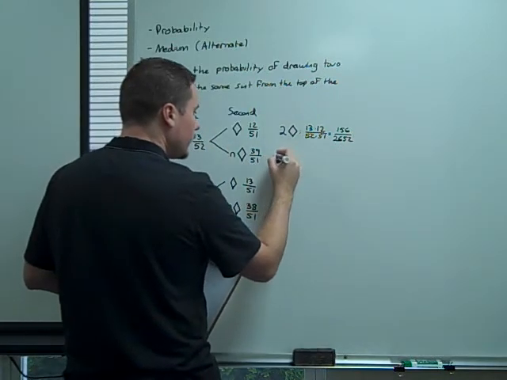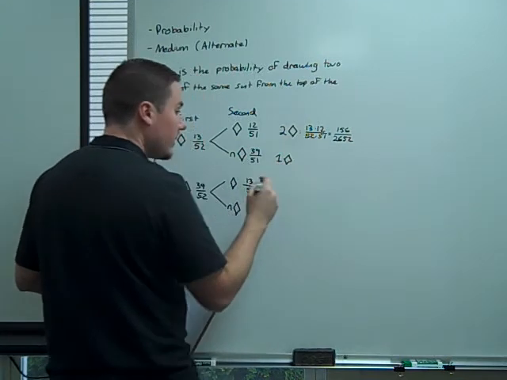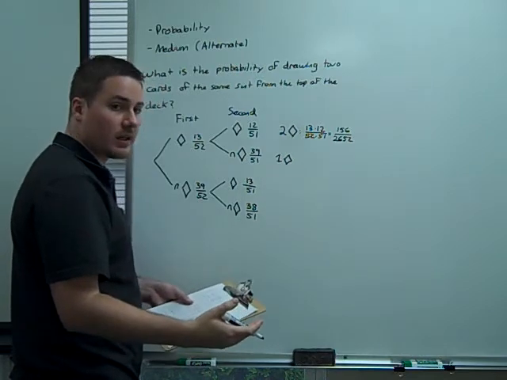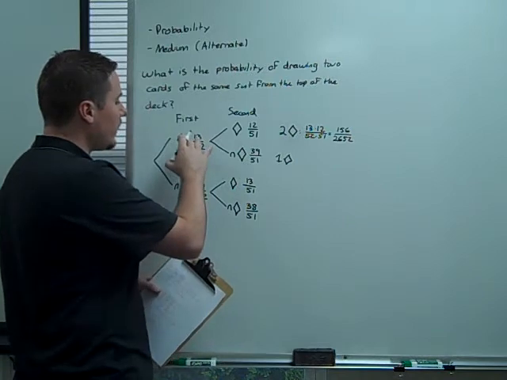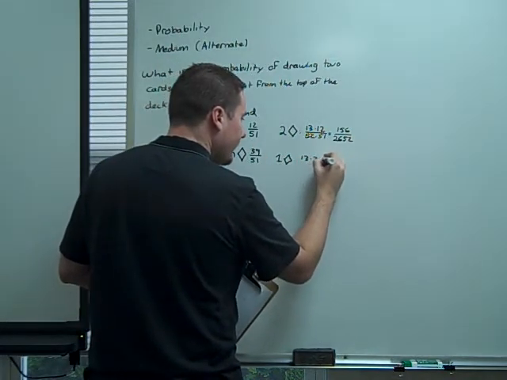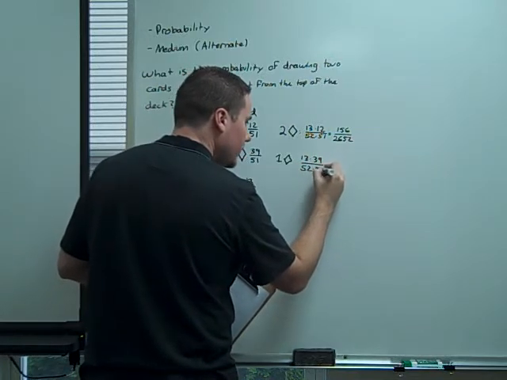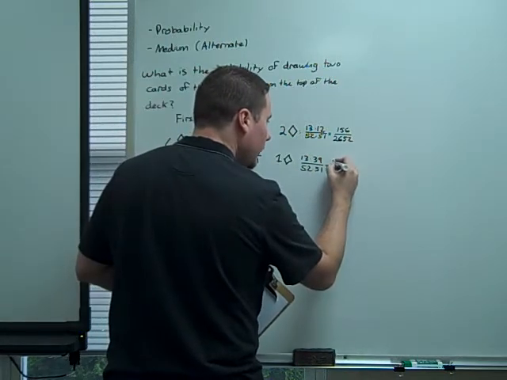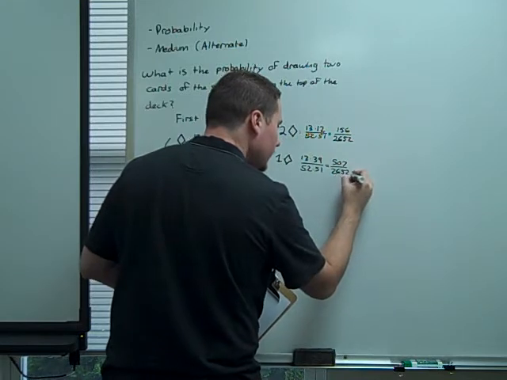Here, which is 1 diamond, again, irrespective of order. If order mattered, we would be talking in permutations. Here we're using combinations. It's 13 times 39 over the same denominator, 52 times 51, which equals 507 over that same 2652.